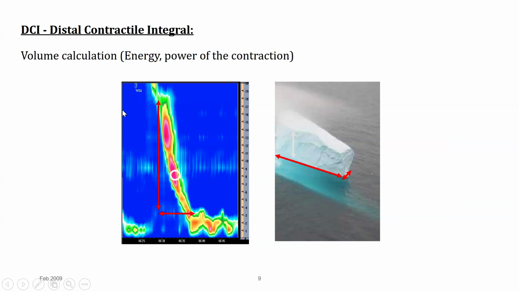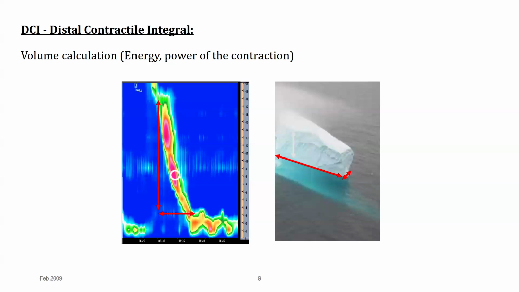This one is measuring the power of the contraction, how strong the contraction is, and based on this value, we will decide either it's normal peristalsis or weak peristalsis, or at the end ineffective motility, or let's say hypertensive contraction.